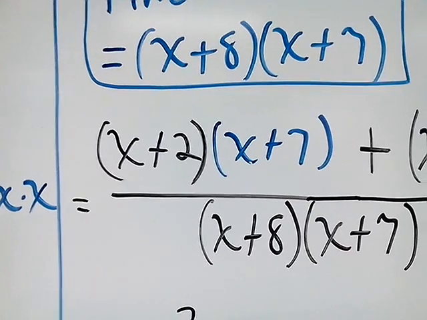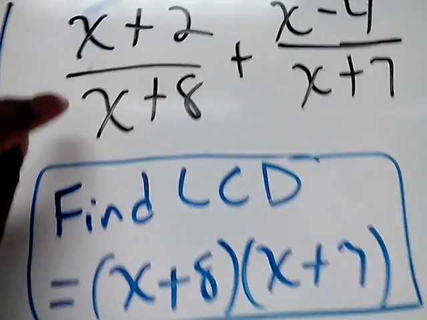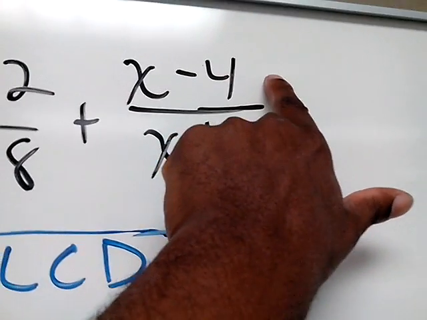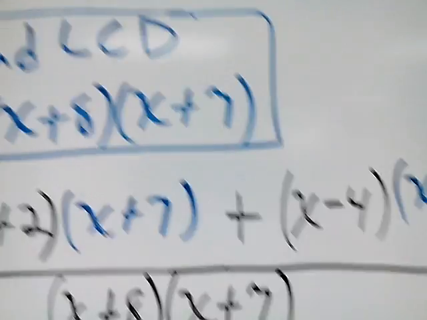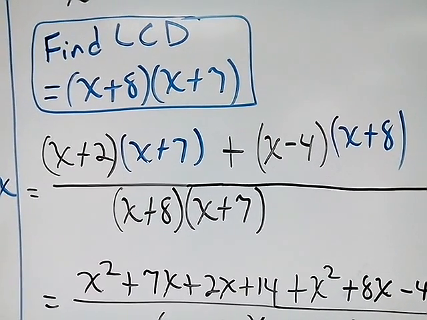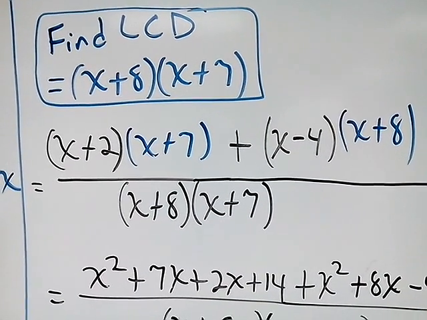And same thing here: we take the x plus 8 and multiply it by x minus 4. That's what we see in this part written over our common denominator.